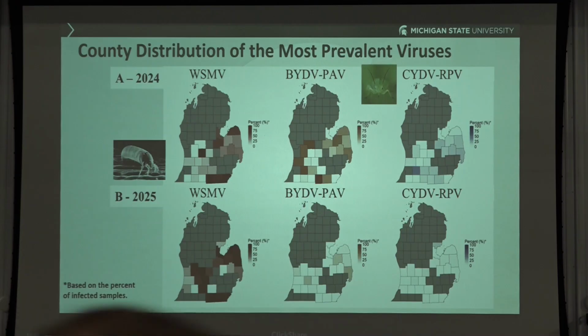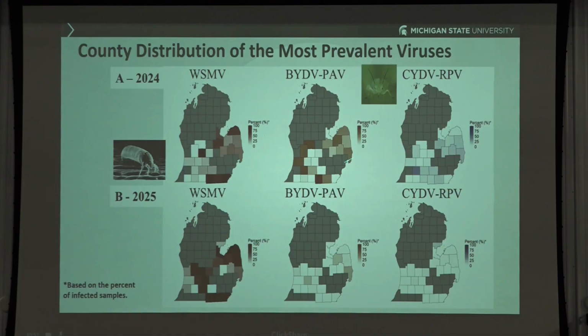One thing we noticed when looking at the data is that there appear to be some differences by year. The color intensity tells you how many fields or samples were positive in that particular county. For wheat streak mosaic virus, we certainly had a lot of it in 2024, but the amount was considerably higher in 2025.